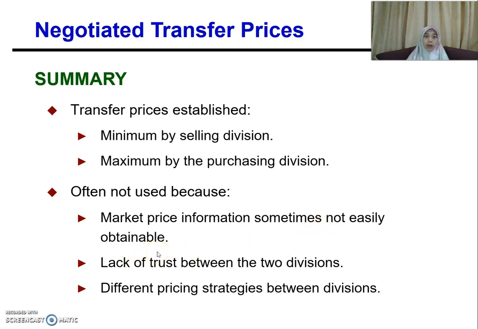Sometimes for components you cannot easily obtain the market price. It could also be because of lack of trust between the two divisions, and different pricing strategies between the divisions. So that is basically about the negotiated transfer price.